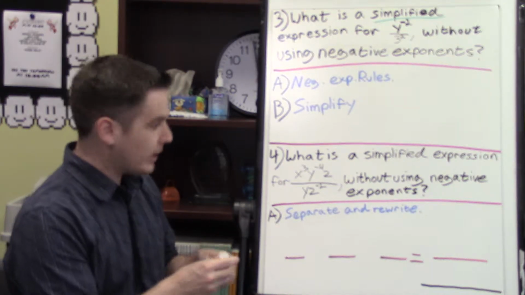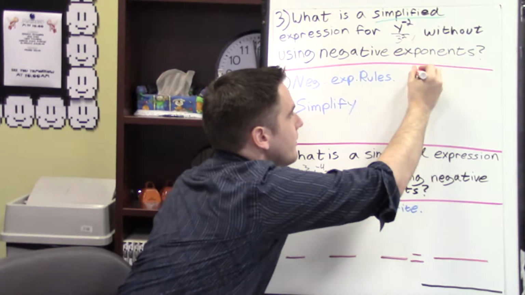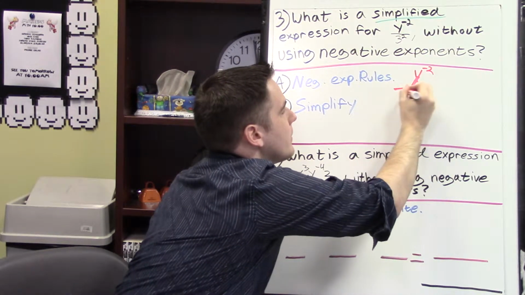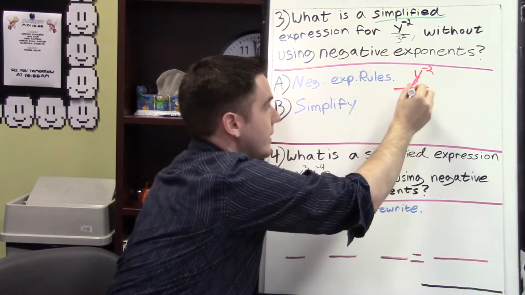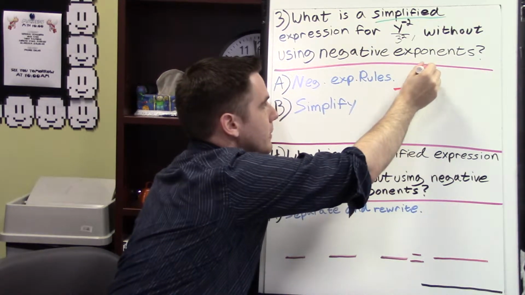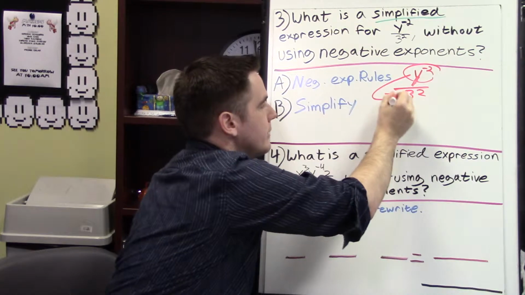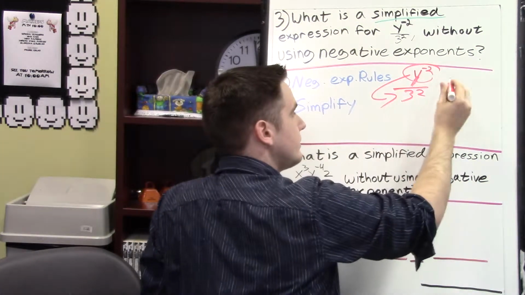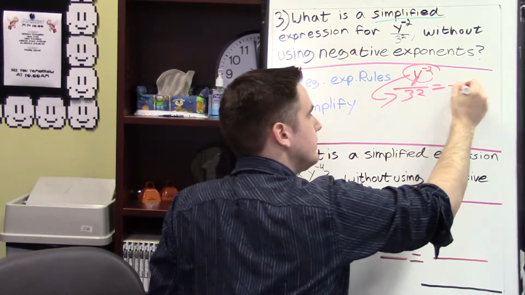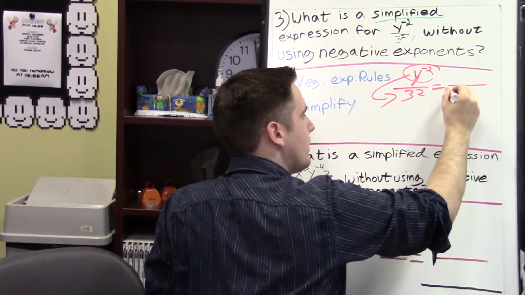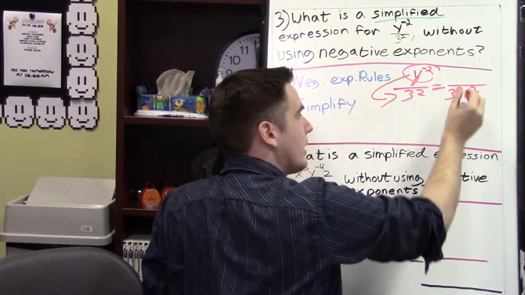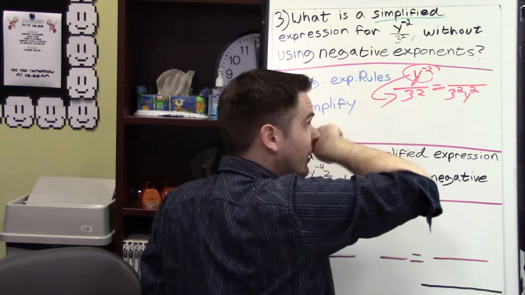So again, we do the negative exponent rules. Y to the negative 2 over 3 to the second power. Base and exponent go to the bottom, and that means we're multiplying. So this would become 3 to the second power times y to the second power, because it becomes positive once it flips over.